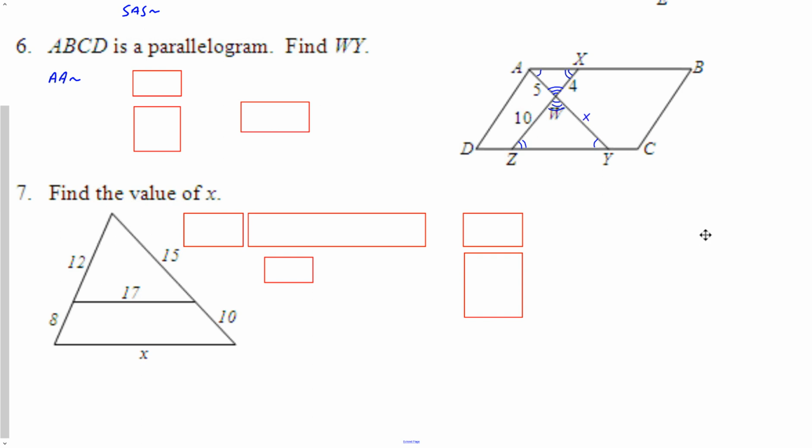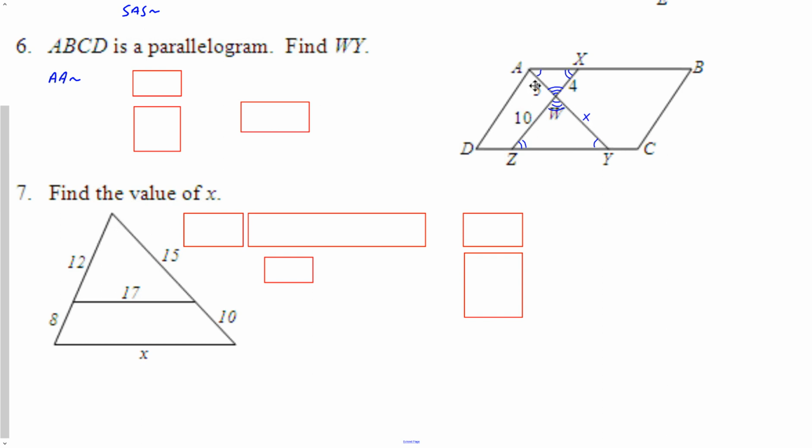And here's my variable that I'm going to solve for, length of WY. So now I need to look at what my similarity ratio would be. Now here it could be kind of tricky because you have to make sure you are comparing corresponding sides and using them to set up your similarity ratio. So notice the 5 is between the angle that I have marked with 1 congruent arc and the 3 congruent arcs. That's the piece I'm trying to find with the x. I don't know what that value is.